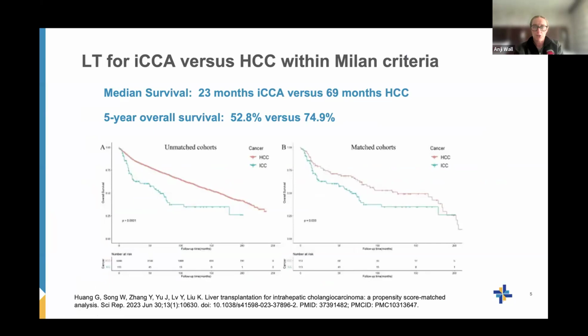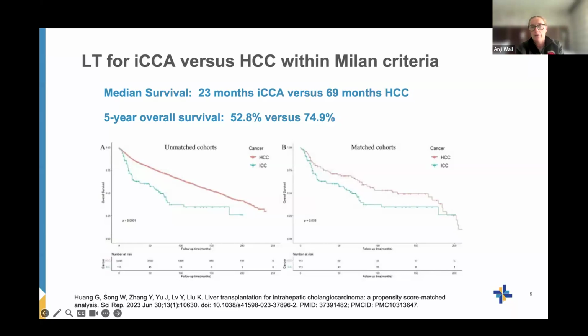So let's start with the benchmark case of hepatocellular carcinoma. What you can see is that the median survival for ICCA, or intrahepatic cholangiocarcinoma, in this one of many studies is 23 months versus 69 months for HCC, and the 5-year overall survival is lower with cholangiocarcinoma versus HCC within Milan criteria.